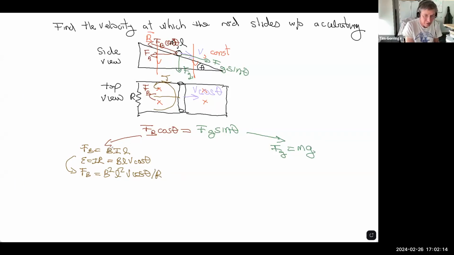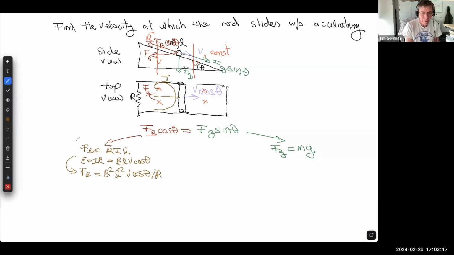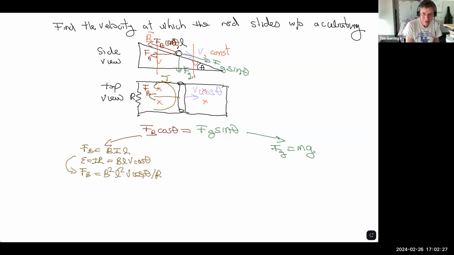Okay, so here's my understanding of how the magnetic forces arise. It's quite an interesting story, but it ultimately leads us to this equation downstairs here, this complicated equation. I'll explain it.